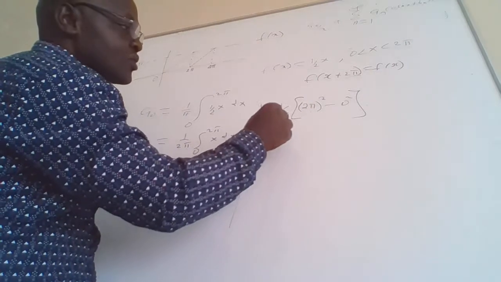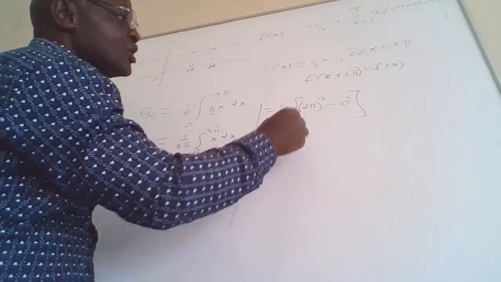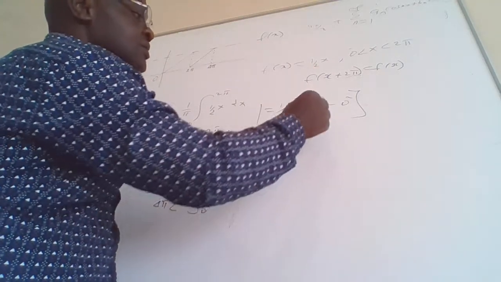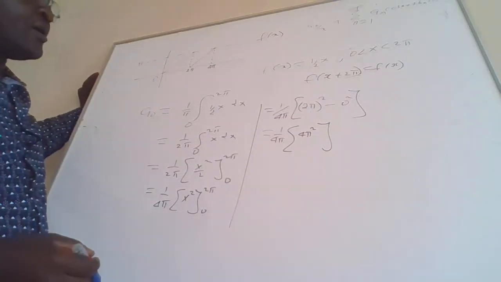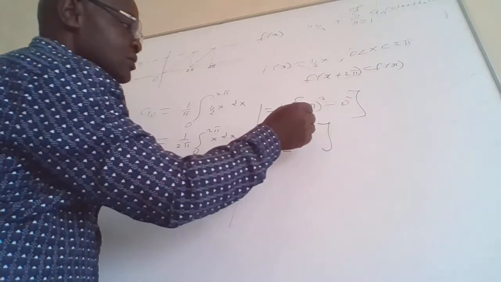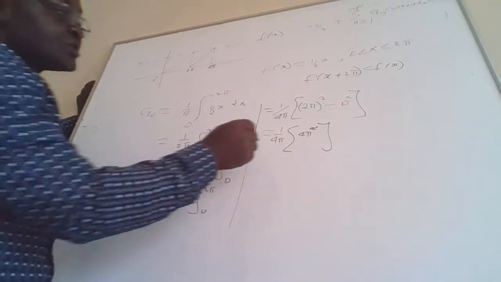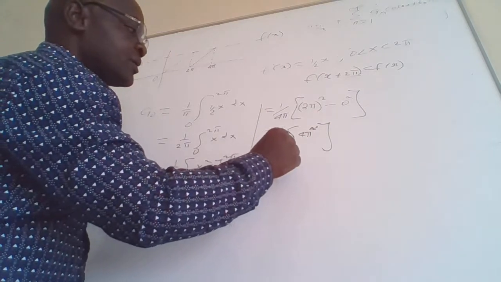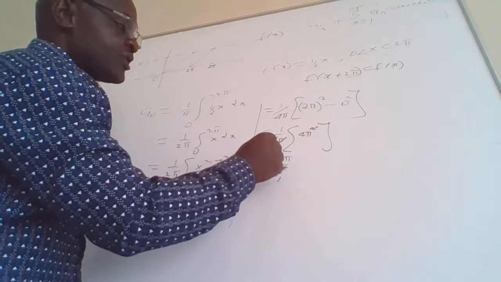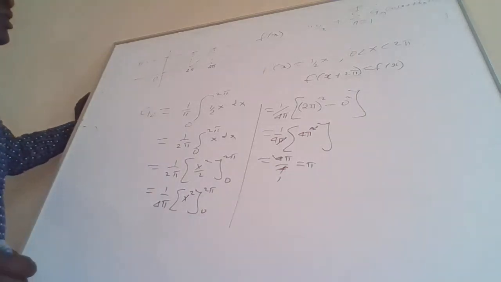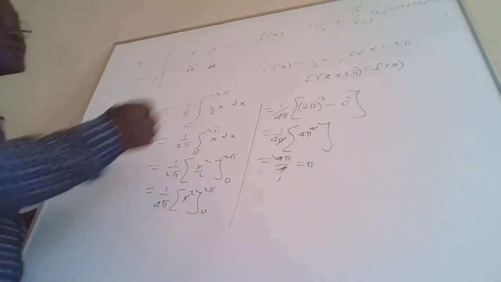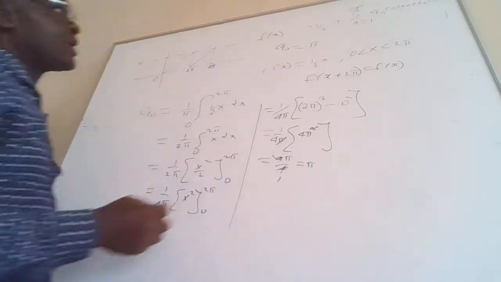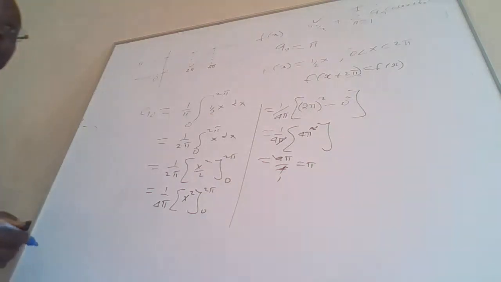So this equals 1 all over 4 pi times, when you square 2 pi, we have 4 pi squared, minus 0. So 4 pi over 4 equals pi. So what we are saying is that a naught equals pi.